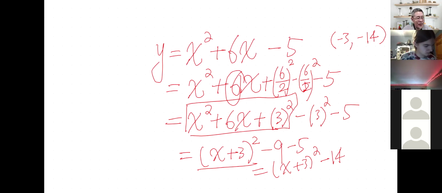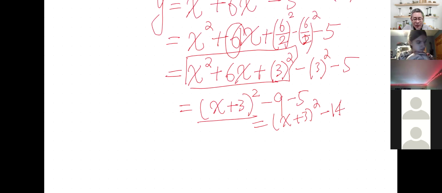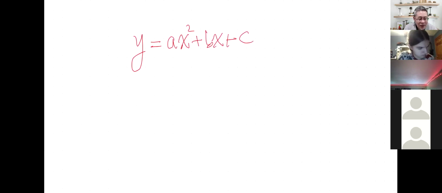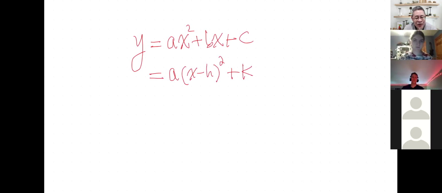All right. So now, if you remember, we have something called the vertex formula. If we have something like ax squared plus bx plus c, and we want to write it in this form, we can use a formula.